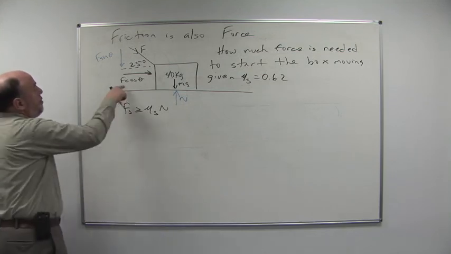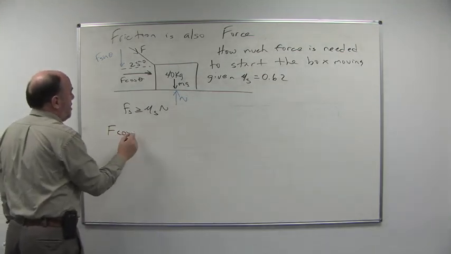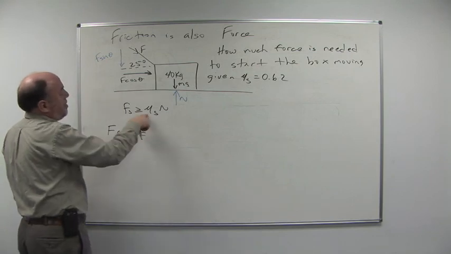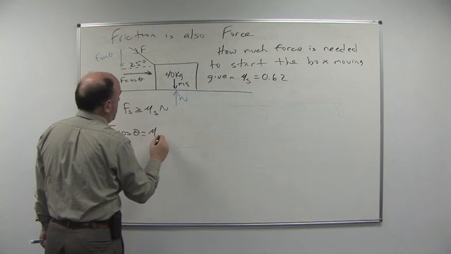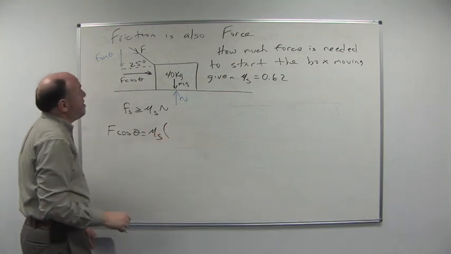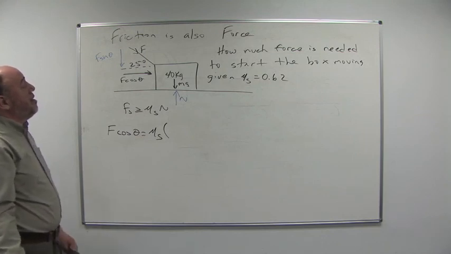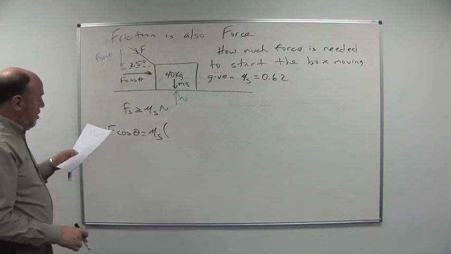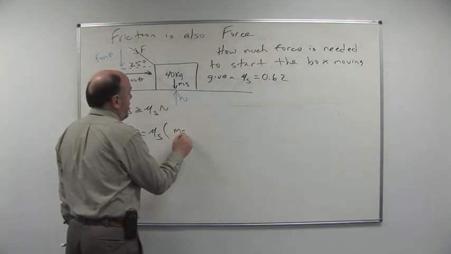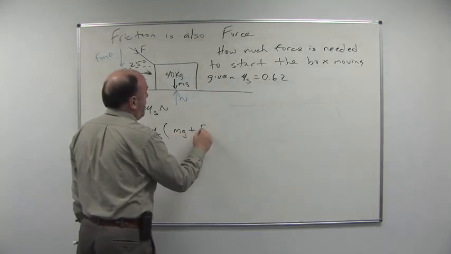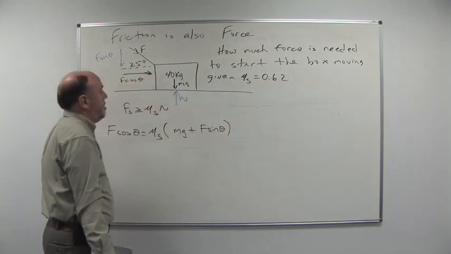So my applied force that's driving this down the road is going to be given by F cosine theta. And that is going to be equal to mu sub s times N. And so mu sub s, and the N in this case, if you go back to the scenarios we had with the boxes and the three different scenarios, we had from there that this will be given by mg plus F sine theta.